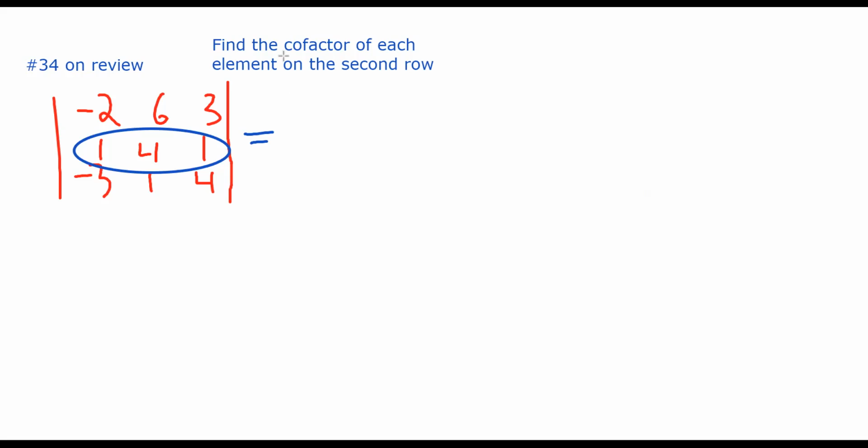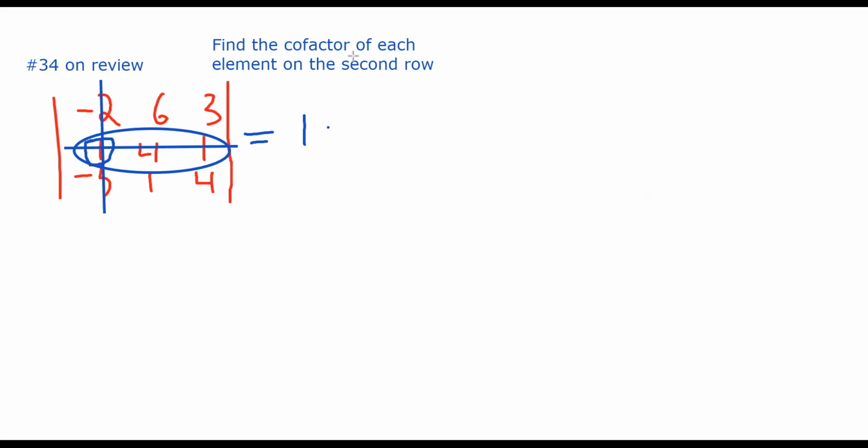So what we're going to see here, we would start with, say, this thing. And remember, we would delete the row and the column that it was found on.